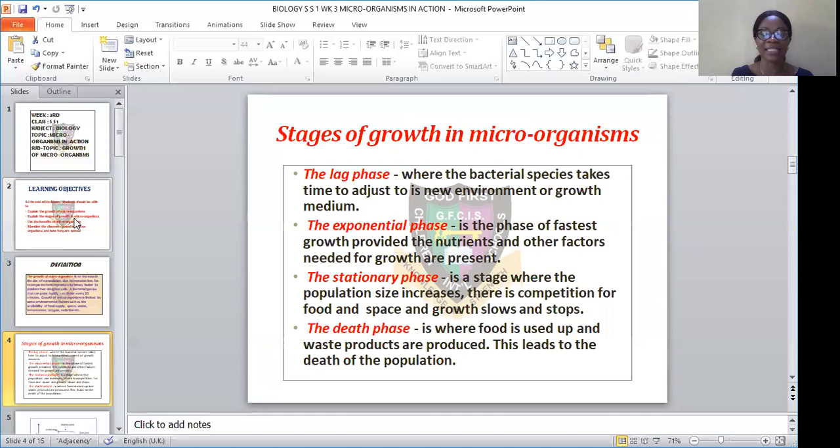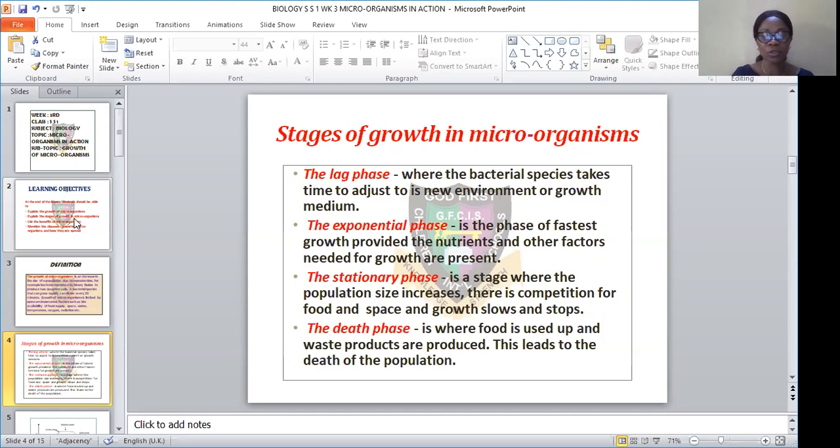The third stage is the stationary phase. This is a stage where the population size increases. There is competition for food, space, nutrients, and so many other things, thereby causing a slow or sometimes stop in the growth of microorganisms. That will take us to the last phase, which is the death phase. This is where food is used up and waste materials are produced.